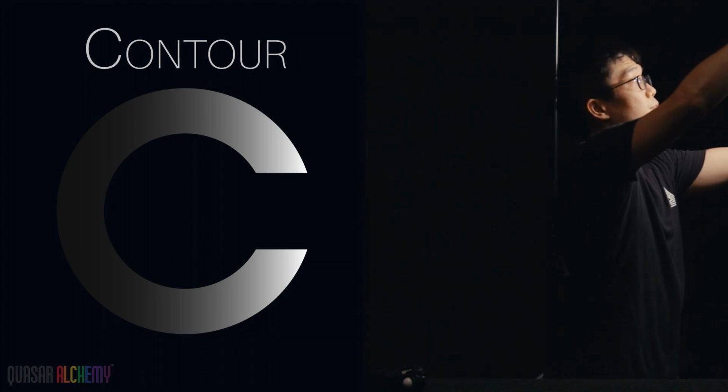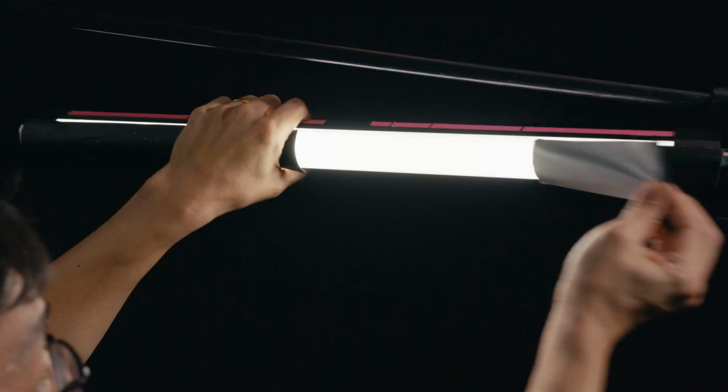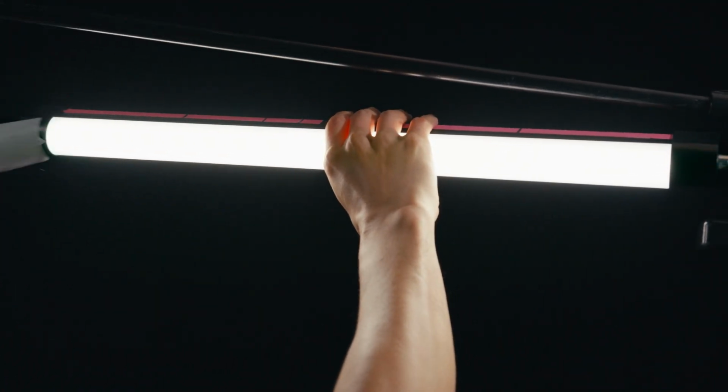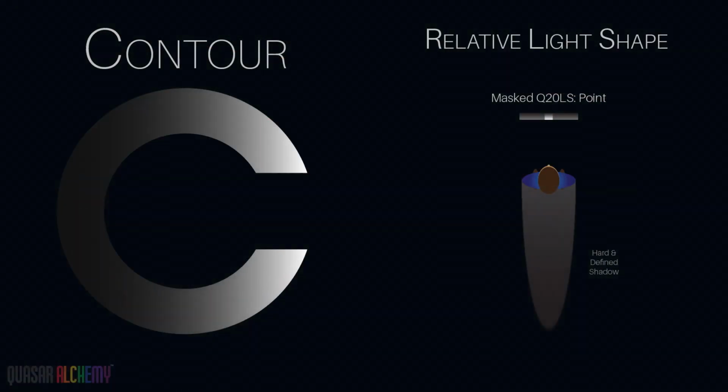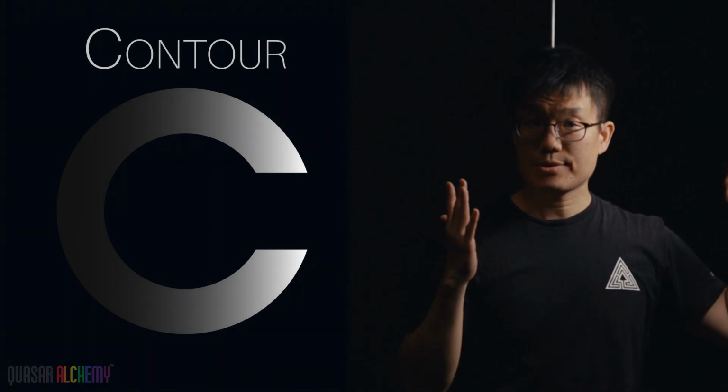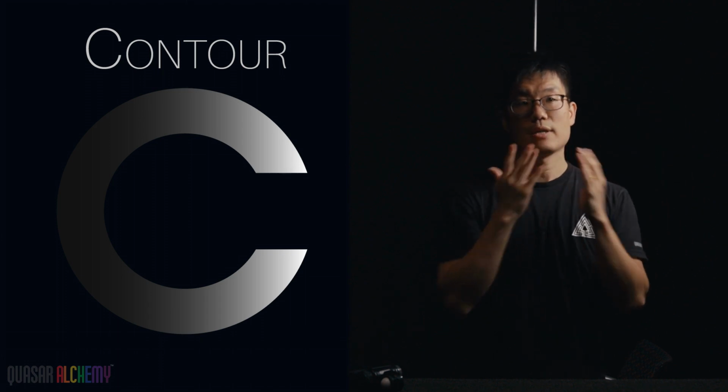Now, I'm going to dim down, and I'm going to open up to make it a broader source, therefore a larger angle relative to me. So it's a softer source, and the shape of the light has changed.